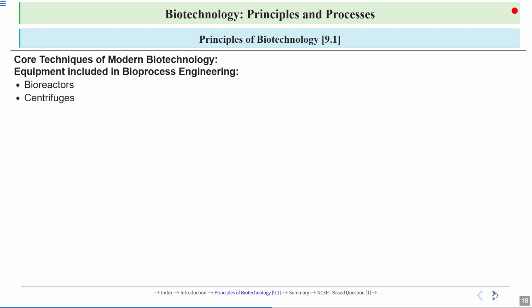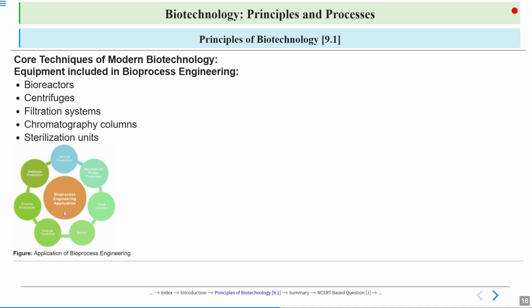A centrifuge is a device which uses centrifugal force to separate substances on the basis of their different densities. Then there are filtration systems, which are used to filter out our product. Then there are chromatography columns, which are also used for separation. Then some sterilization units to make our product free of any contamination, microbial contamination or anything.